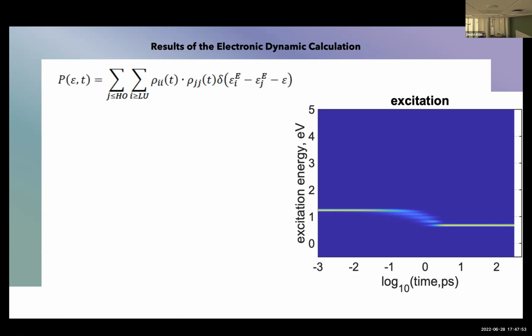So if we forget about these strange things from non-Kasha emission, below gap emission, and just follow how the excited states of different energy cascade from more excited to lower excited, we can model this process just by arranging this population of electrons, population of holes, and the resonance condition, and just illustrate so that initial excitation at certain wavelengths, certain energy changes over time and drops to the HOMO dynamics of excited state.